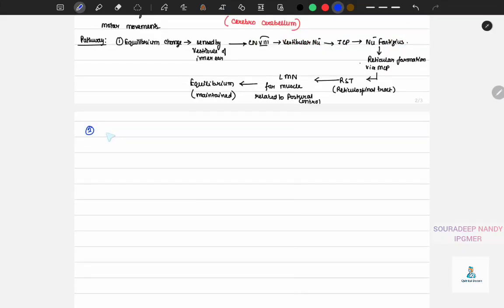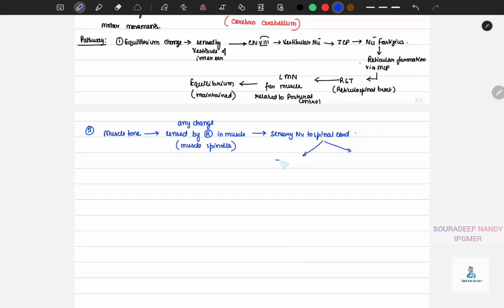Now second, muscle tone. Any change sensed by the receptor in the muscle, which is the muscle spindle, is carried ipsilaterally by the posterior spinocerebellar tract. First is the sensory nerve to the spinal cord, then here it divides in two ways. One is the ipsilateral posterior spinocerebellar tract, then the contralateral anterior spinocerebellar tract.